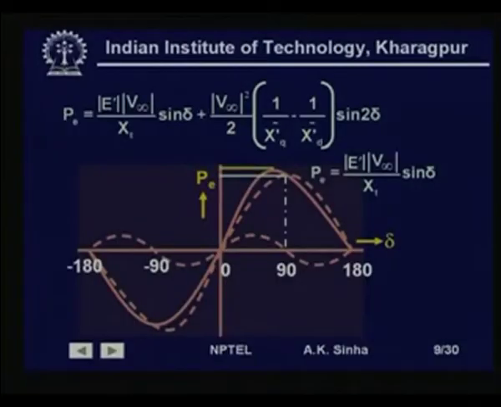So, therefore, the speed will keep on increasing and it will lose synchronism. So, this is how we understand the steady state stability of the system, that is, with very gradual changes.